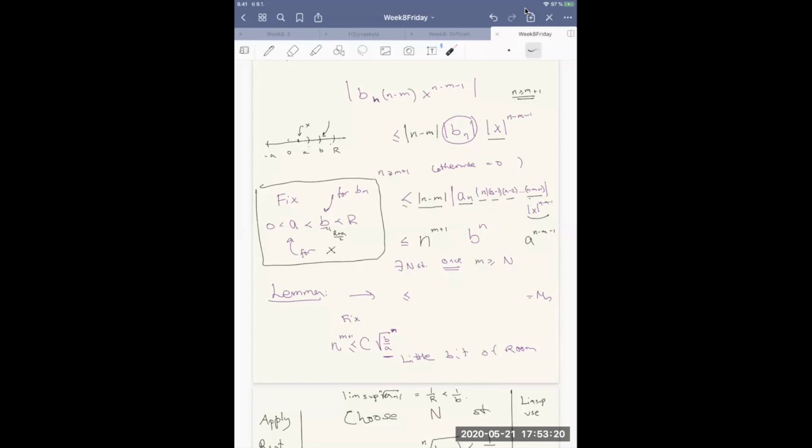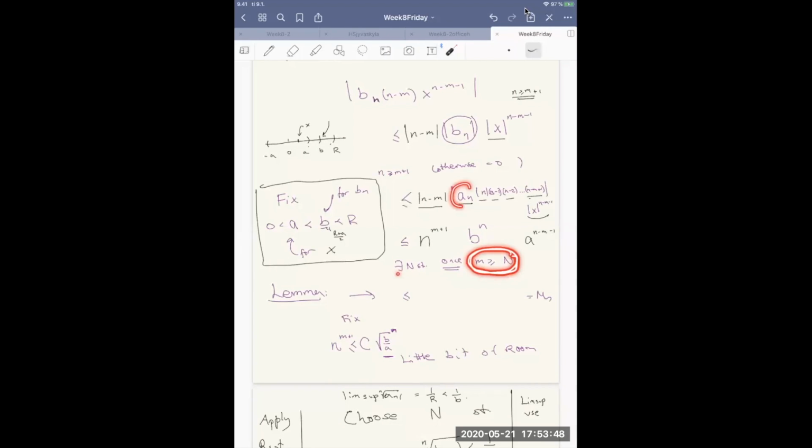Second, an can be estimated by b to the n by the definition of radius of convergence. Remember, this is exactly like we did on Wednesday, that the radius of convergence involved this nth root of an. But this bound works only once we have big enough indices.